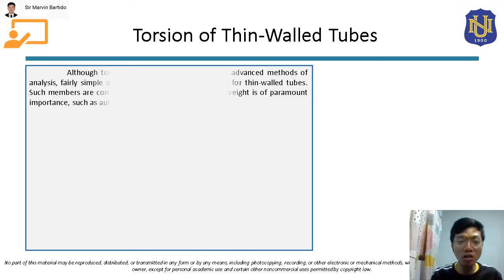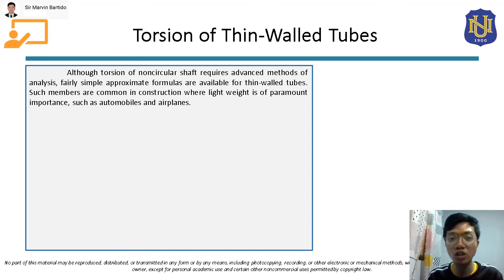Although torsion of non-circular shafts requires advanced methods of analysis, fairly simple approximate formulas are available for thin-walled tubes. So there are already established formulas for the torsion of thin-walled tubes. Such members are common in construction where light weight is of paramount importance, such as automobiles and airplanes.